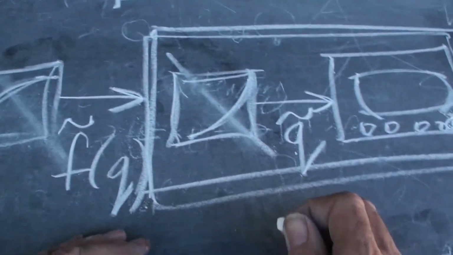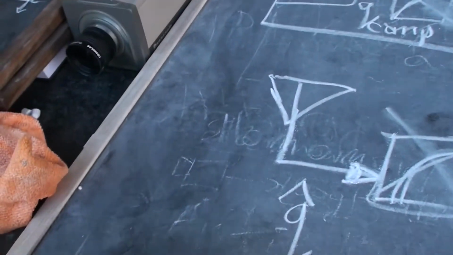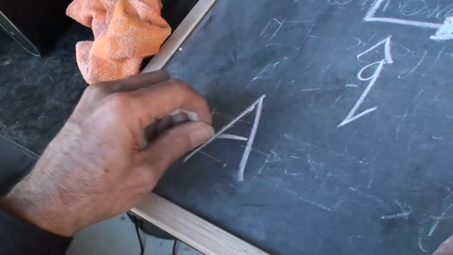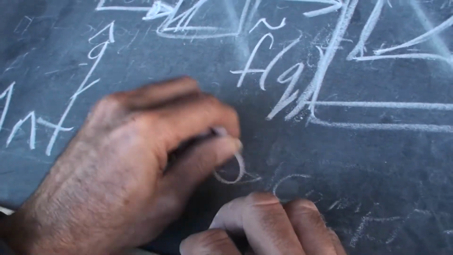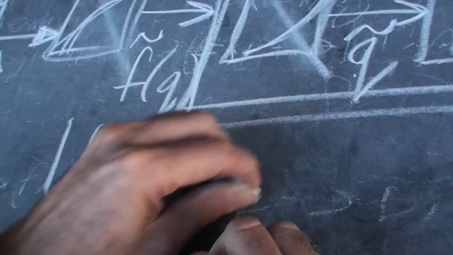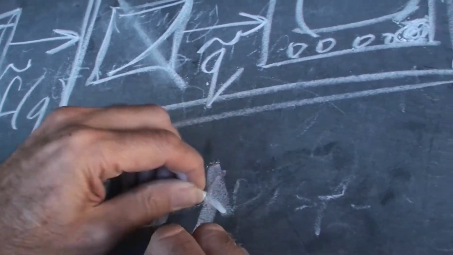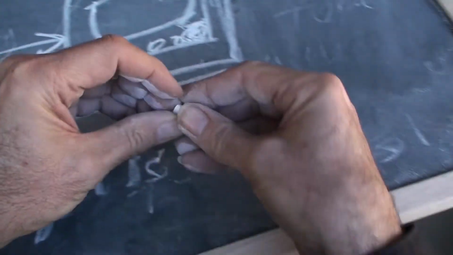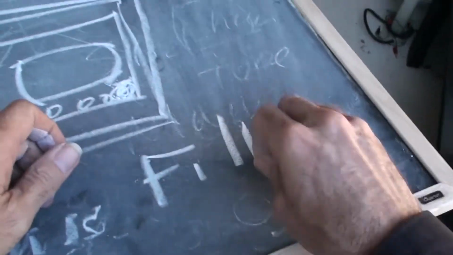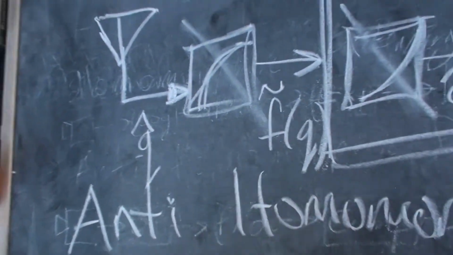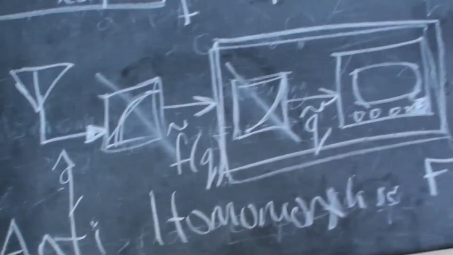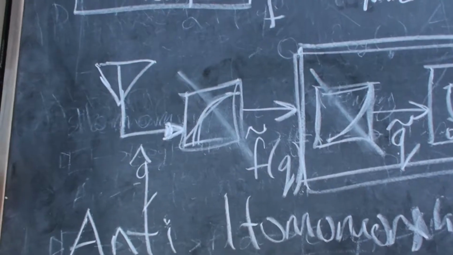So this is anti-homomorphic filtering, and I hope that you've enjoyed that concept, and now let's move along to the next aspect.